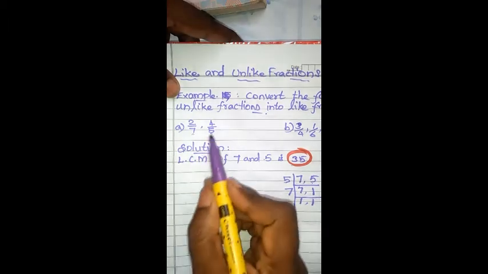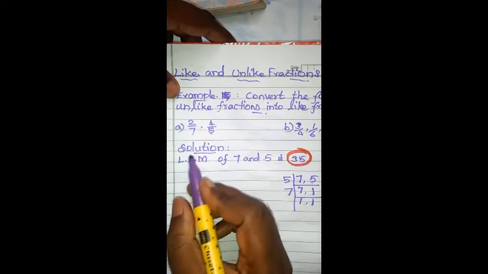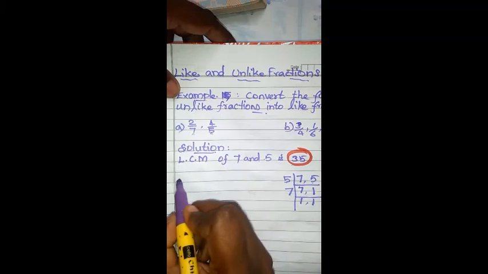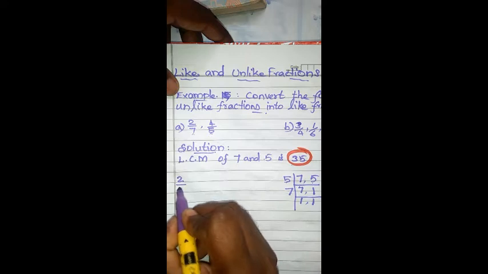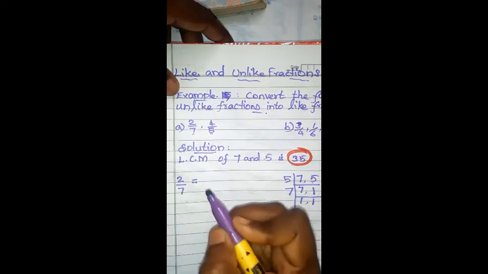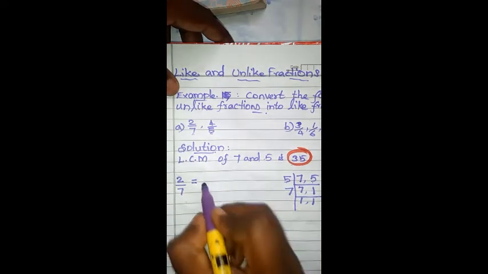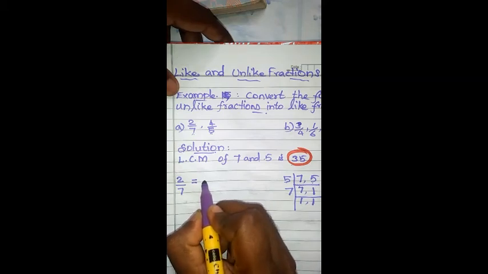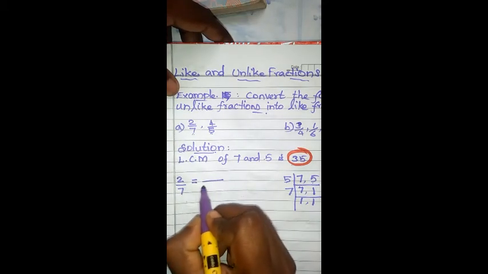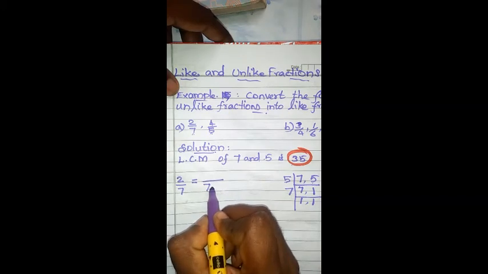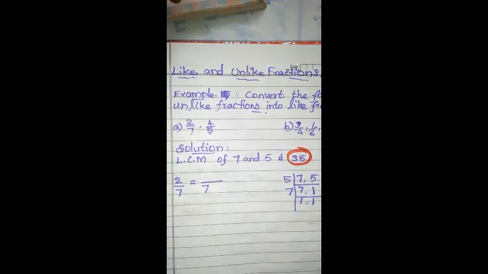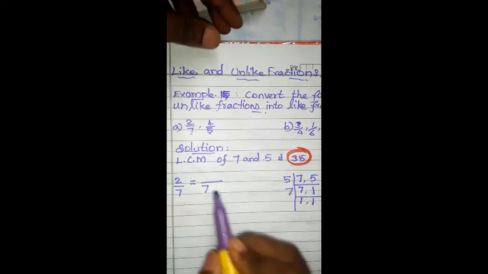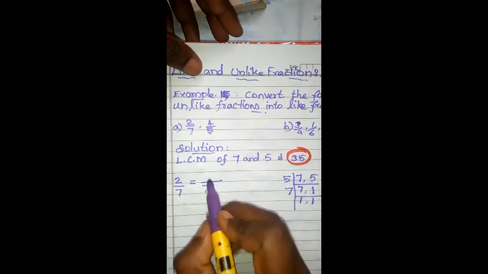Correct? Okay. See, first I write the first fraction, 2 by 7. 2 by 7 is equal to, see 7, 1 7 is 7, 2 7s are 14, right? 3 7s are 21, 4 7s are 28, 5 7s are 35.